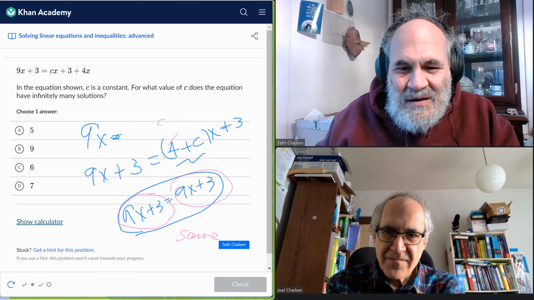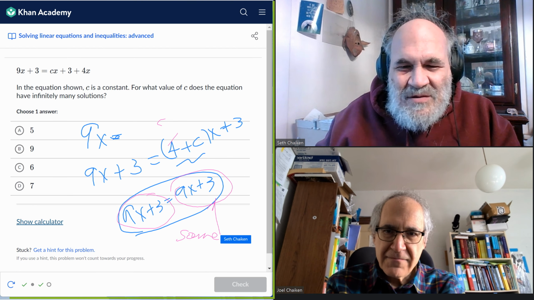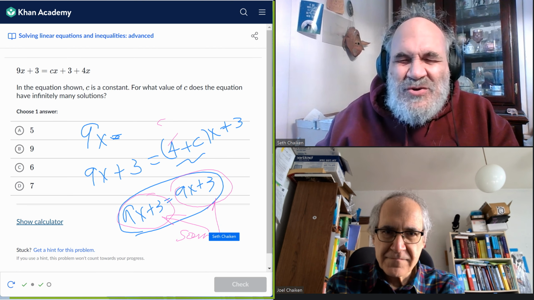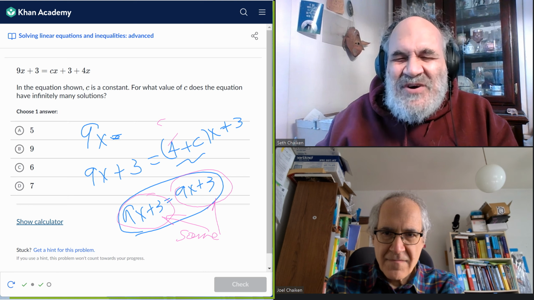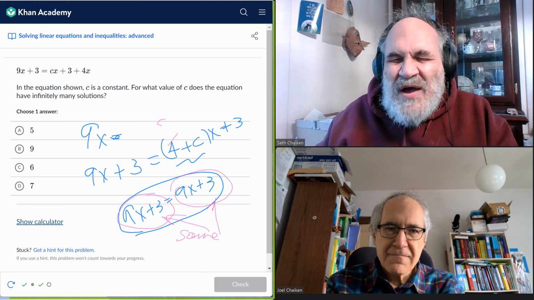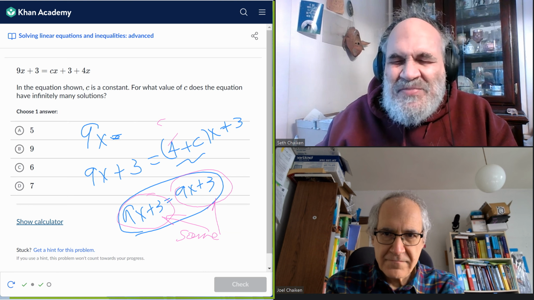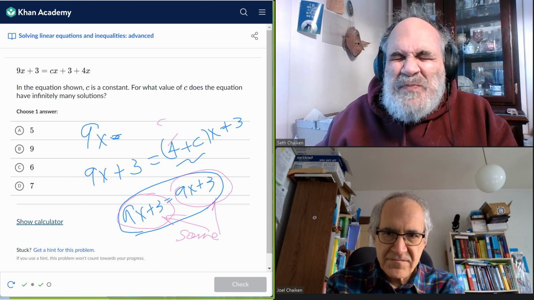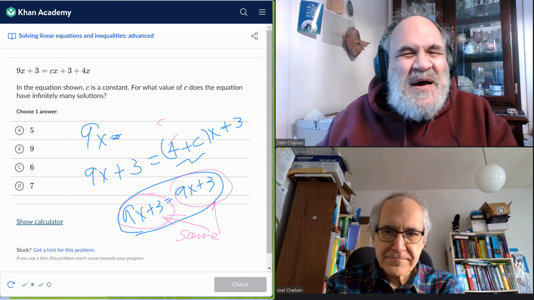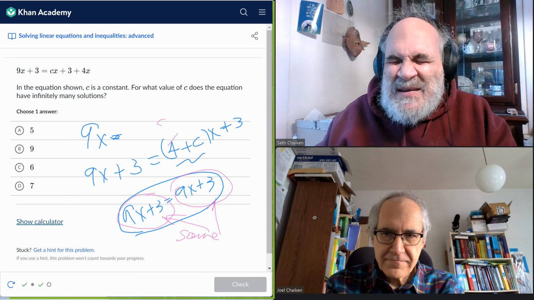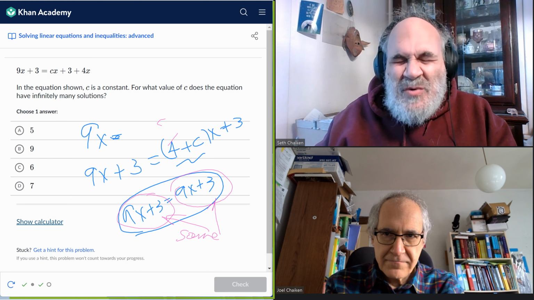So no matter what value you plug into x, the result on the left is the same as the result on the right. Any value you plug into x is a solution, and there are infinitely many numbers, so the equation has infinitely many solutions.